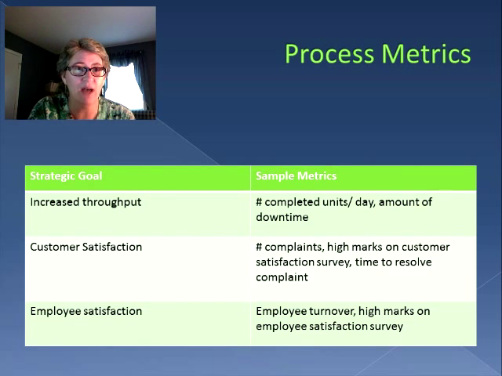If we're also having a strategic goal that we want employee satisfaction, then we want to be concerned about employee turnover, and again, satisfaction surveys. So you can see that the metrics that I've listed, these samples, are directly related to either goals or competencies, and they're solely related to the process. They're not really influenced by anything outside.